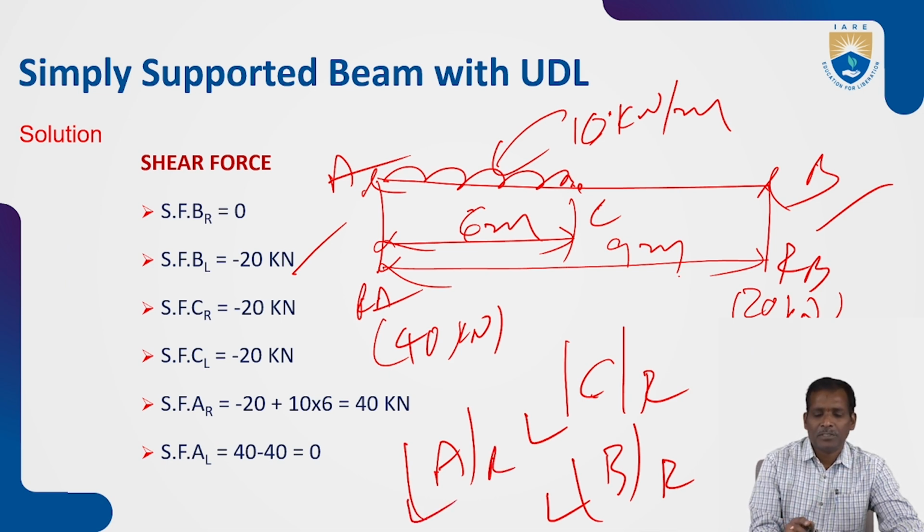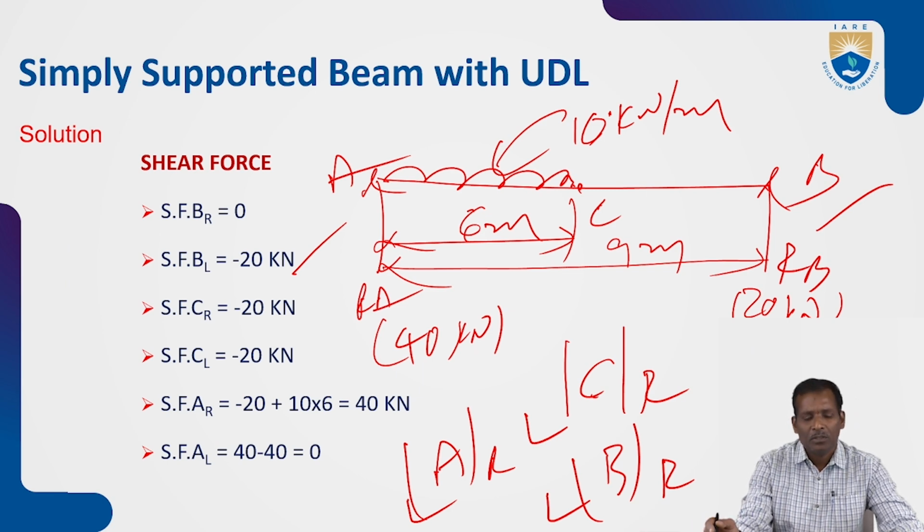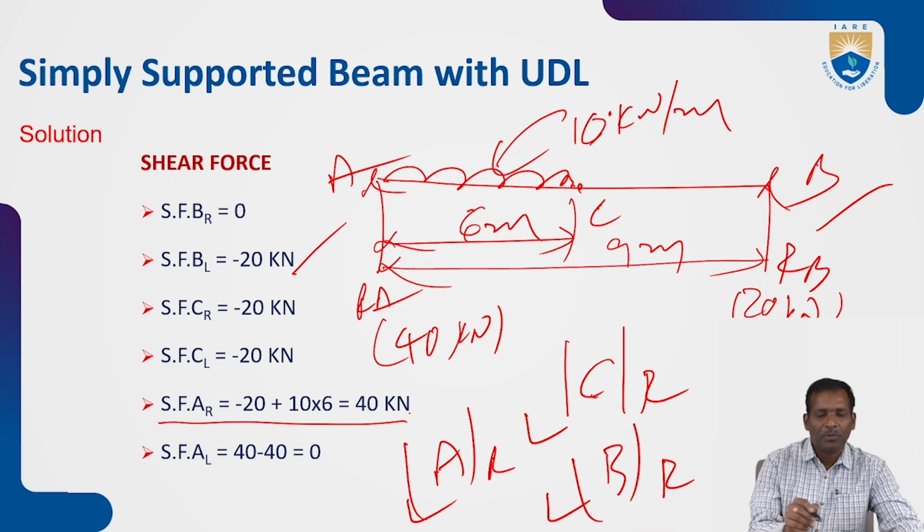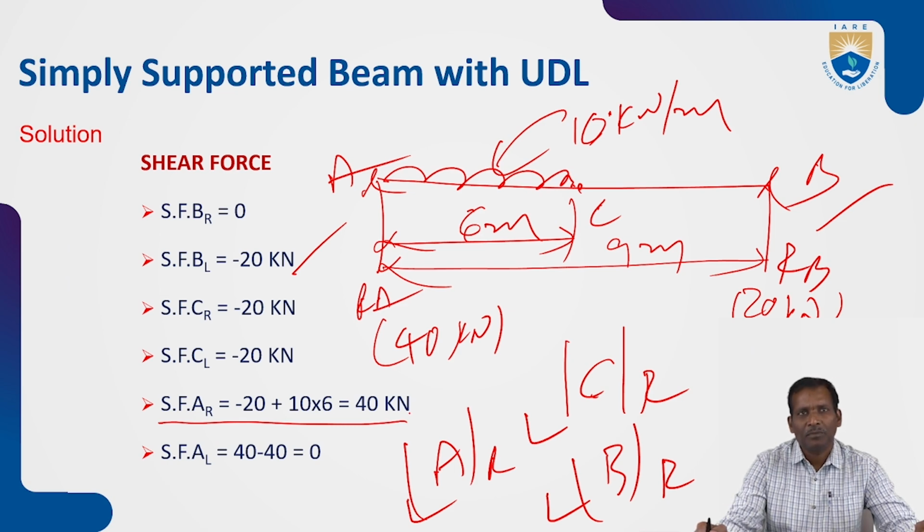The right side is minus 20, it remains constant, and the left side is minus 20. There is no load acting here, but at A there is a UDL. So minus 20 plus 10 into 6. That is the UDL load, 40 kilonewtons.